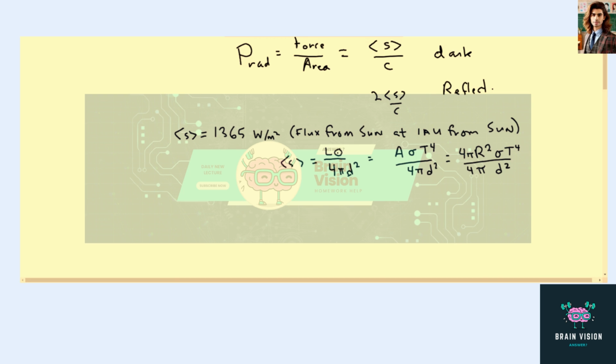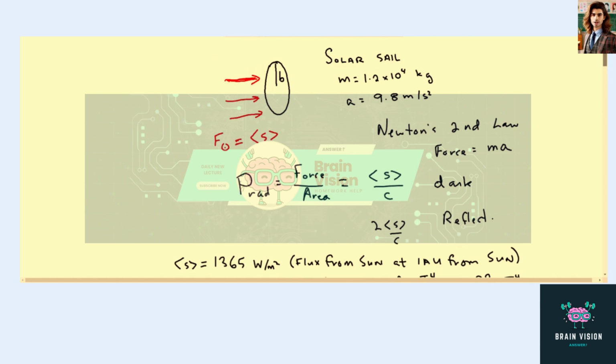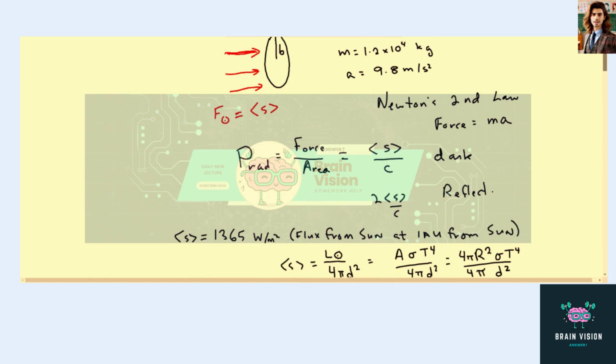Okay, so that's all embedded in there, but we're just going to assume that this solar sail starts at 1 astronomical unit away. And we are trying to calculate the radius for a fairly strong acceleration of 9.8 meters per second squared.